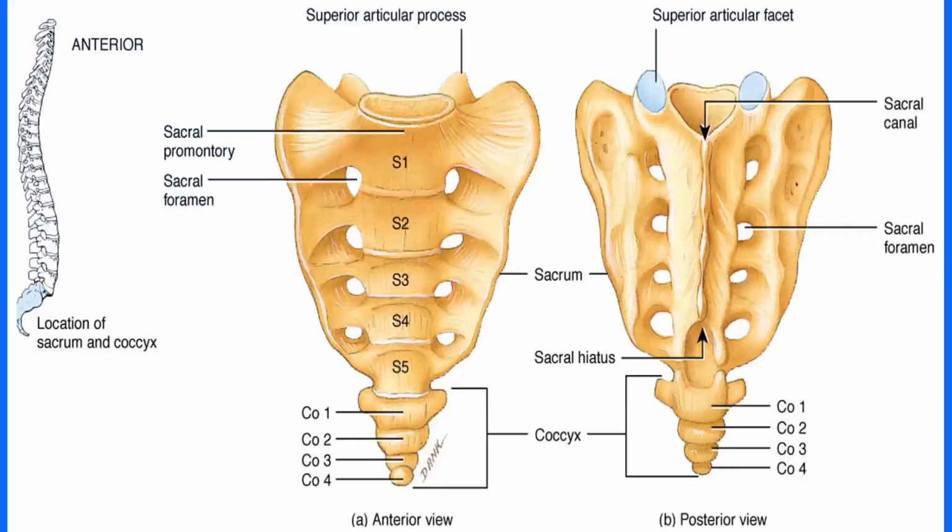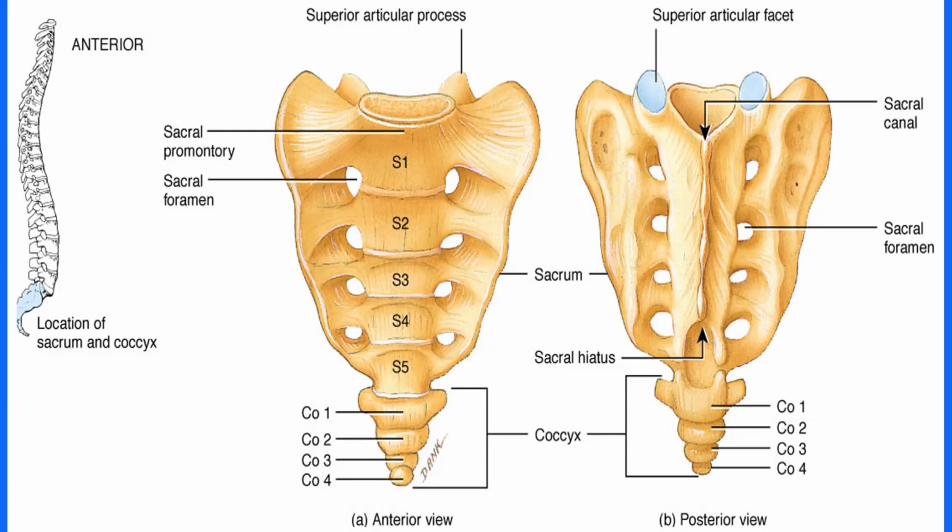I'm going to show you. If you look at the sacrum, you have 4 sacral foramina on each side. This is when you're looking at it from the front.